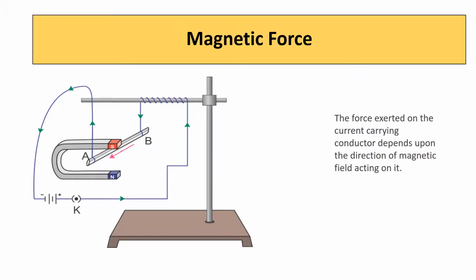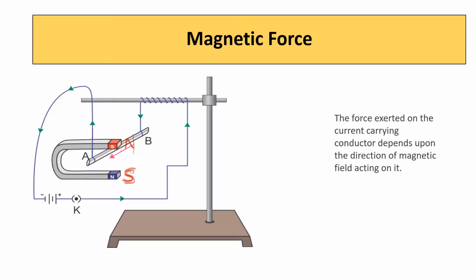How will you draw the magnetic field lines of this horseshoe magnet? It is from north to south. If you interchange the poles of this horseshoe magnet, that means north pole becomes south pole and south pole becomes north pole. Place the magnet such that this end is the north pole and this end is the south pole.